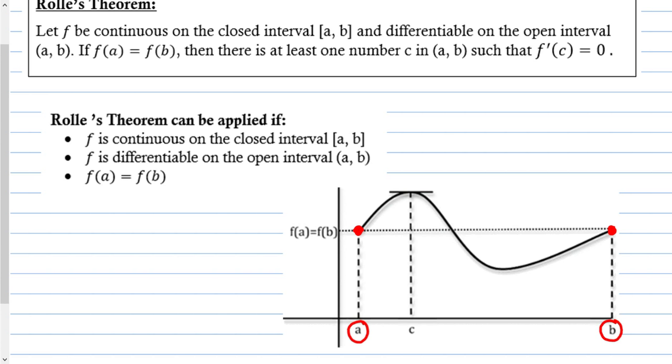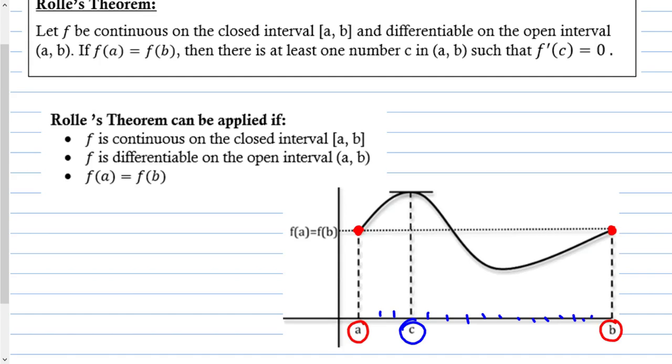Now they're saying that if my endpoints are basically the same y value, then there is another x somewhere in between a and b, and that's what we're referring to as c. It could be anywhere. Just that in this particular graph, C is located where it's located because that's how they drew it.